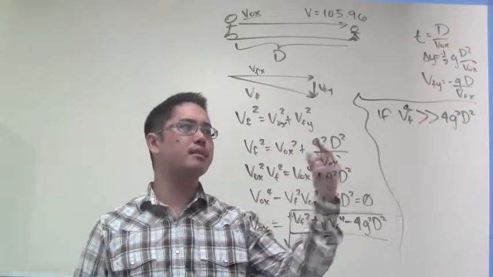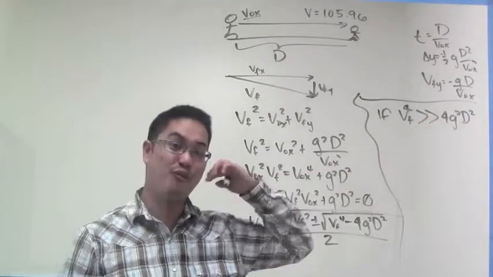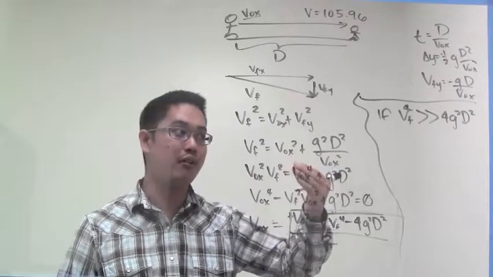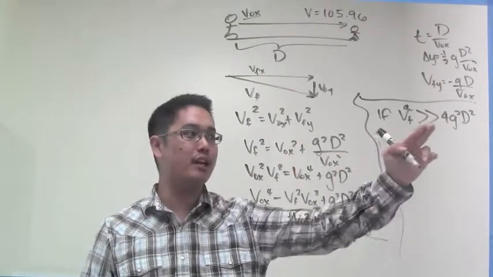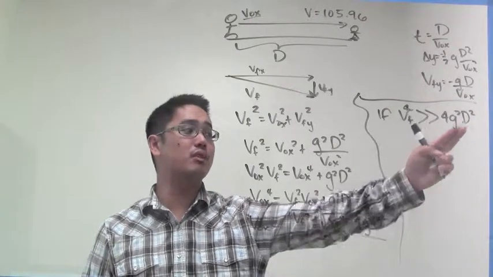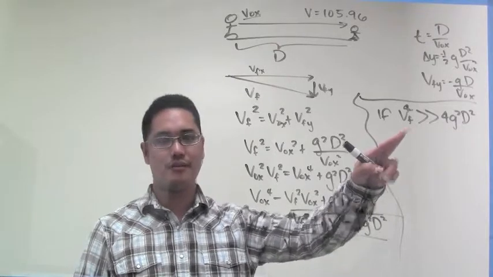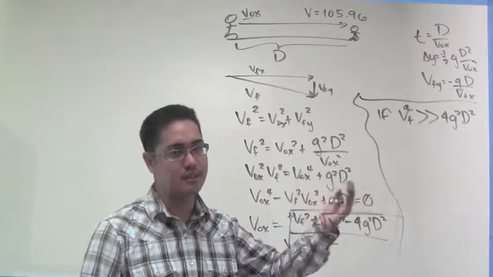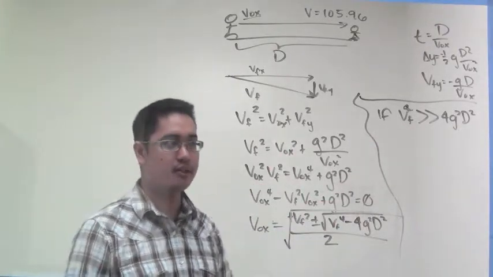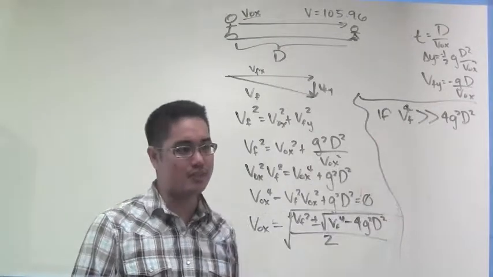If you're throwing something at 105.96 miles per hour, and then you bring that to the fourth power, that's going to be way bigger than like 4 times 10, or maybe 32 squared times the distance squared. It's significantly bigger.